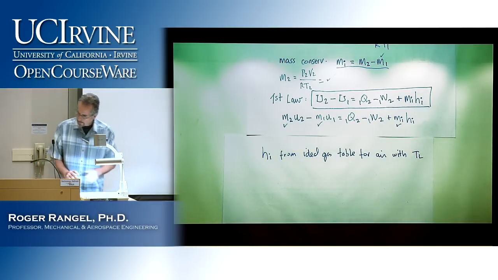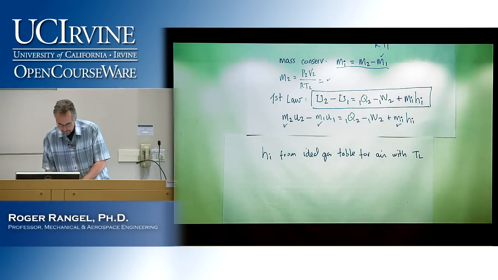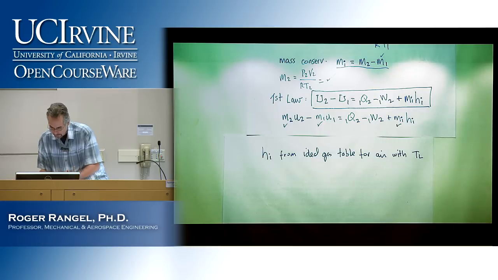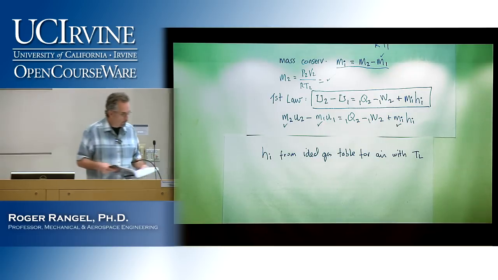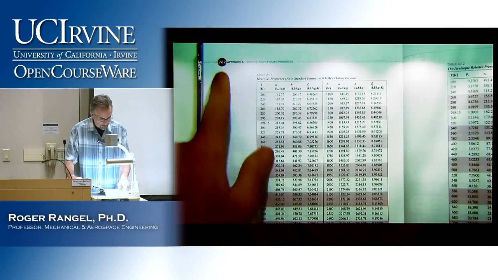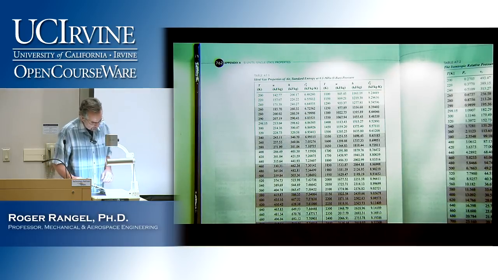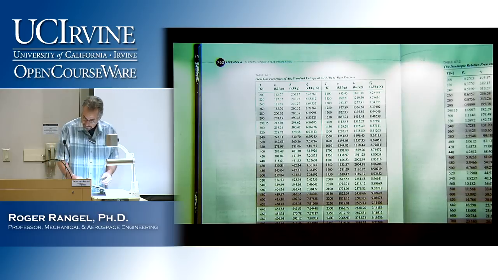So you go to the ideal gas table for air, and that is right here. You go to this table on page 762, ideal gas properties of air. Add your temperature, which was 17 Celsius.